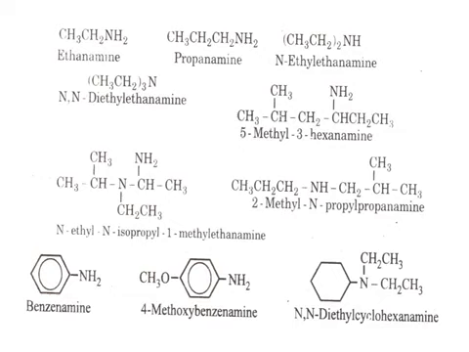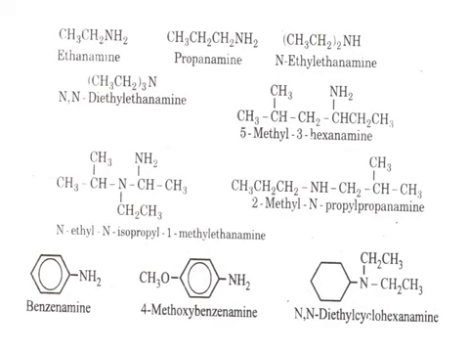Yes, the numbering will start from the side where the amino group will get the lowest position. So if we start numbering from the left hand side, the amino group will get position 4.